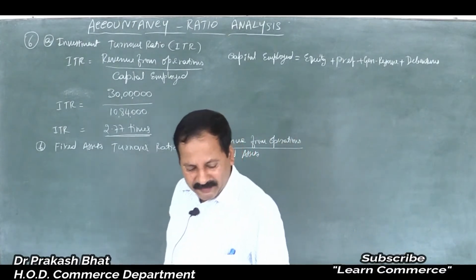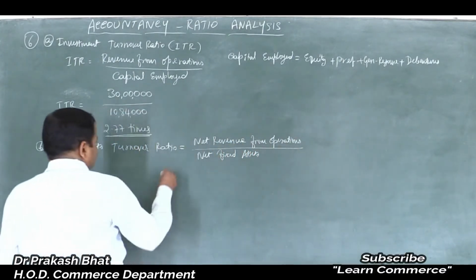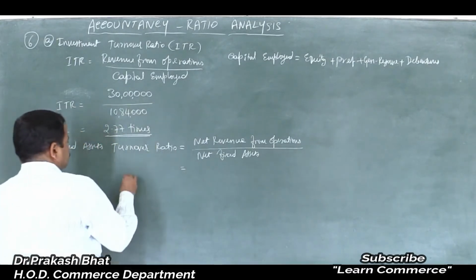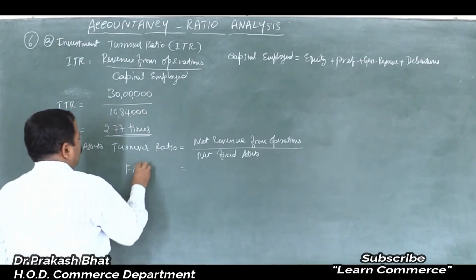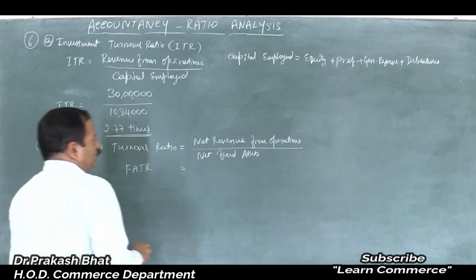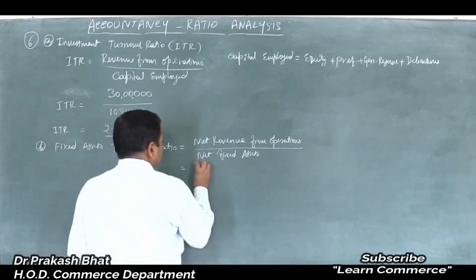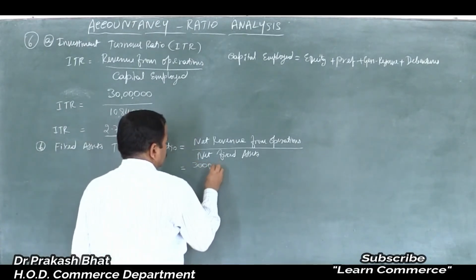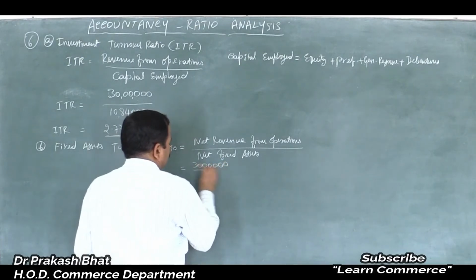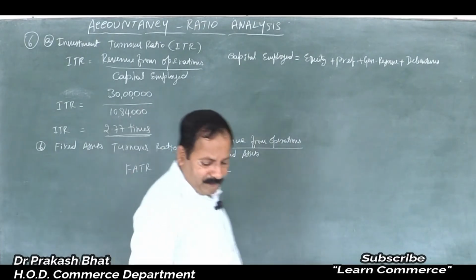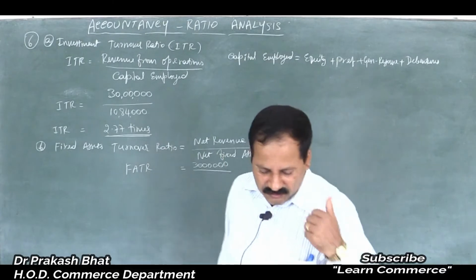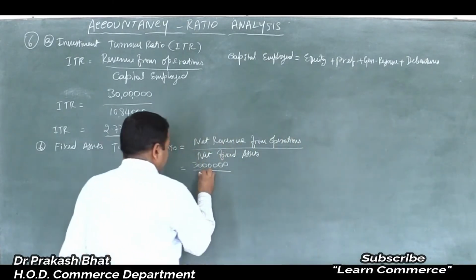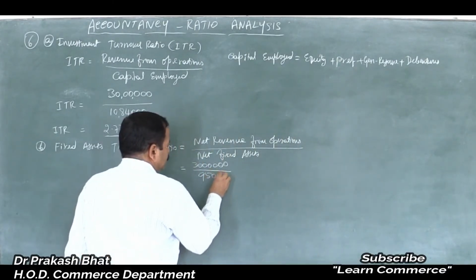So FATR, fixed assets turnover ratio, is equal to 30 lakh divided by net fixed assets, 9,50,000.